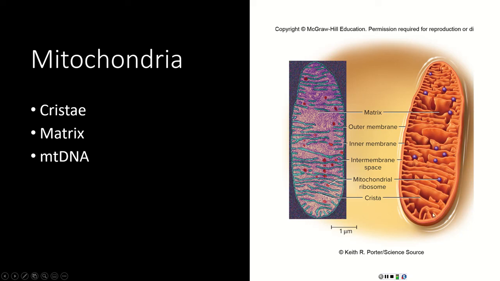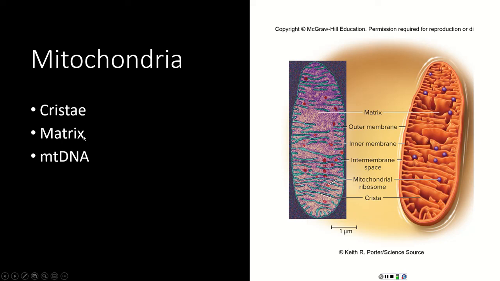And the inner membrane actually folds back and forth and makes these structures called cristae. Cristae are the folds of the inner membrane of the mitochondria. But all the way in the very middle of the mitochondria, inside the inner membrane area, there's this open space filled with a thick jelly-like liquid called the matrix.